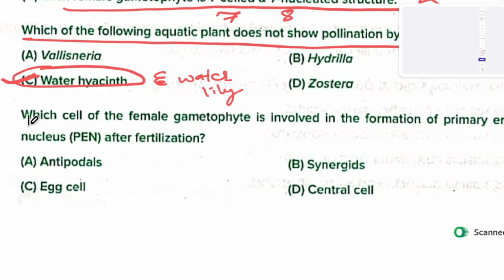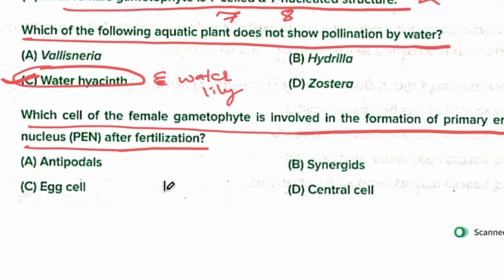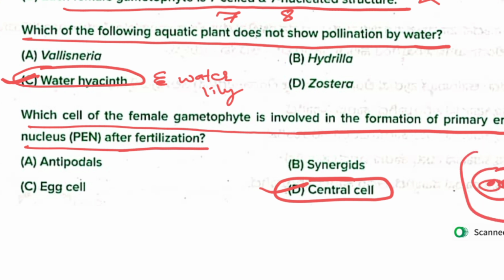The next question, which cell of the female gametophyte is involved in formation of primary endosperm nucleus, PEN, after fertilization? So PEN, that is central cell. As the central cell contains two polar nuclei in an embryo sac.